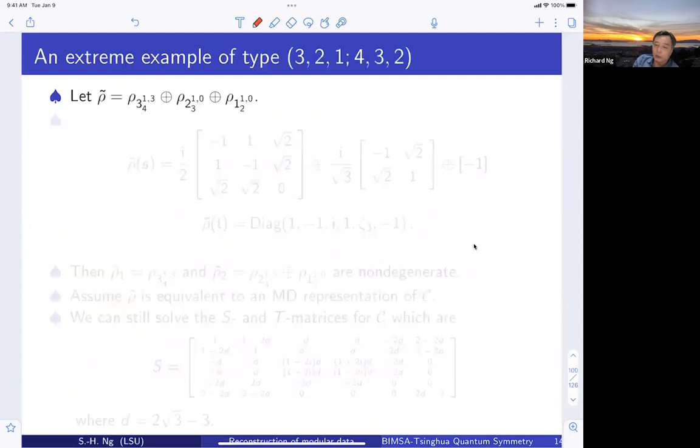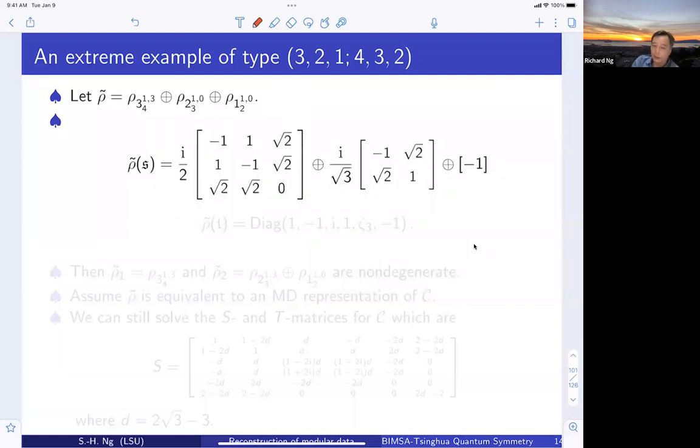Then I show you some extreme case. This is the one that is quite extreme in the following way. Again, now I have 3 of them put together: dimension 3, level 4, dimension 2, level 3, dimension 1, level 2, put them together. So I get a representation of this, and the diagonal will be this.